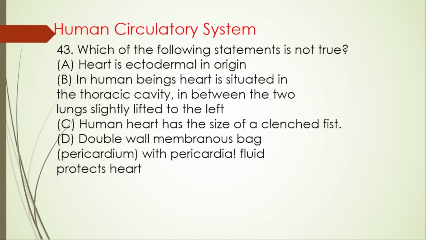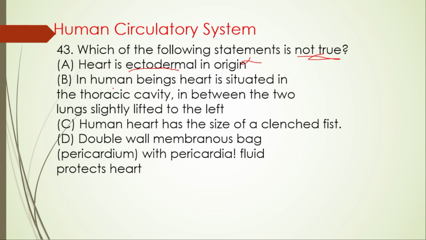Next one from human circulatory system, that is 43 question. Which of the following statements is not true? A. Heart is ectodermal in origin. This one itself is wrong, because the human heart is actually mesodermal in origin, not ectodermal.